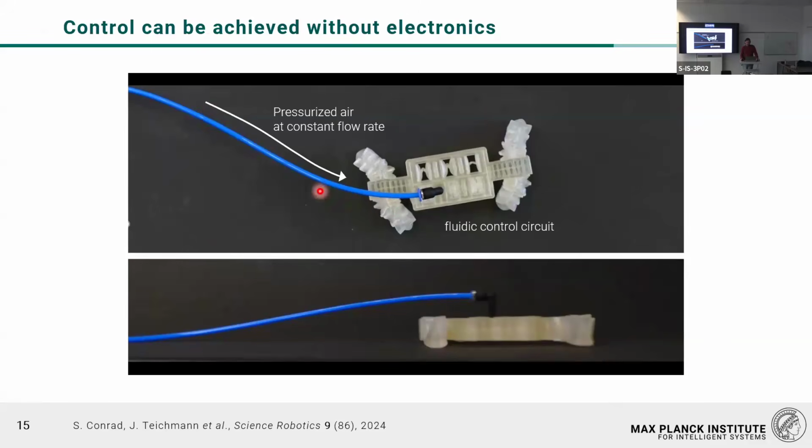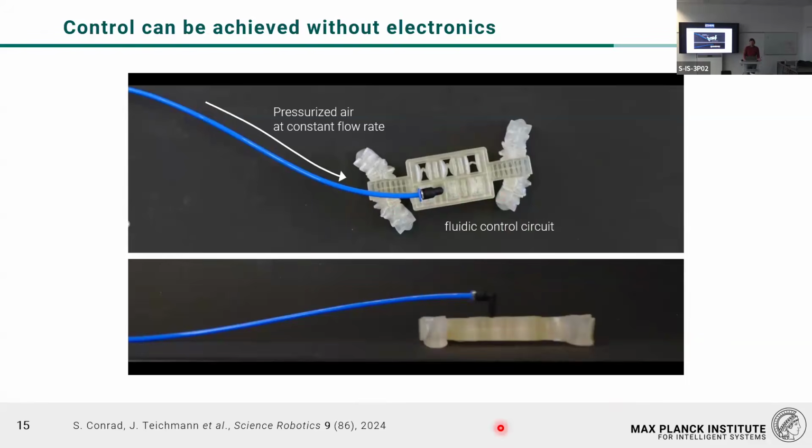In this blue tube, we have a constant pressure of air that we use with a constant flow rate. And then in the middle, some structures give us some logic to produce this gait. Very simplified control task. There's no electronics involved. You have an entirely soft system.